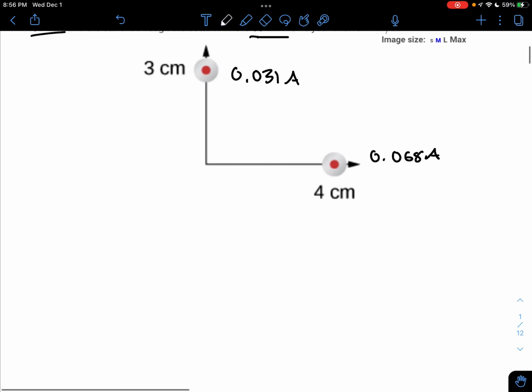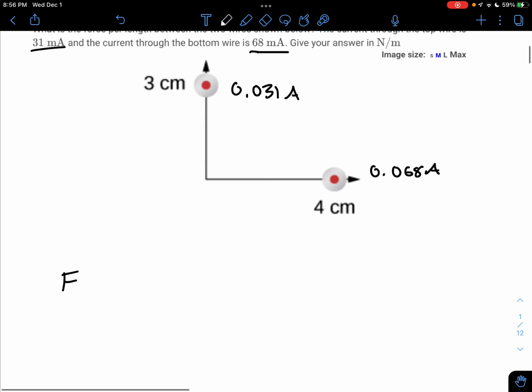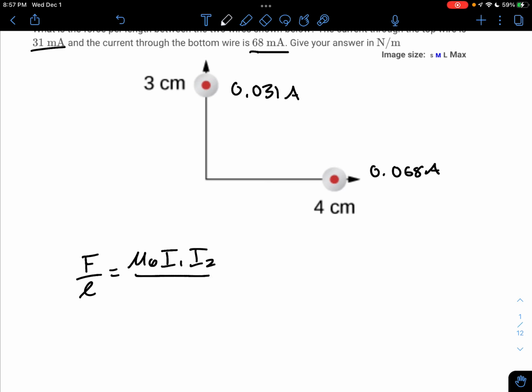We're given an equation in the textbook for force per unit length, and we're solving for force per unit length. Force per length is just mu naught I1 I2 over 2 pi r.